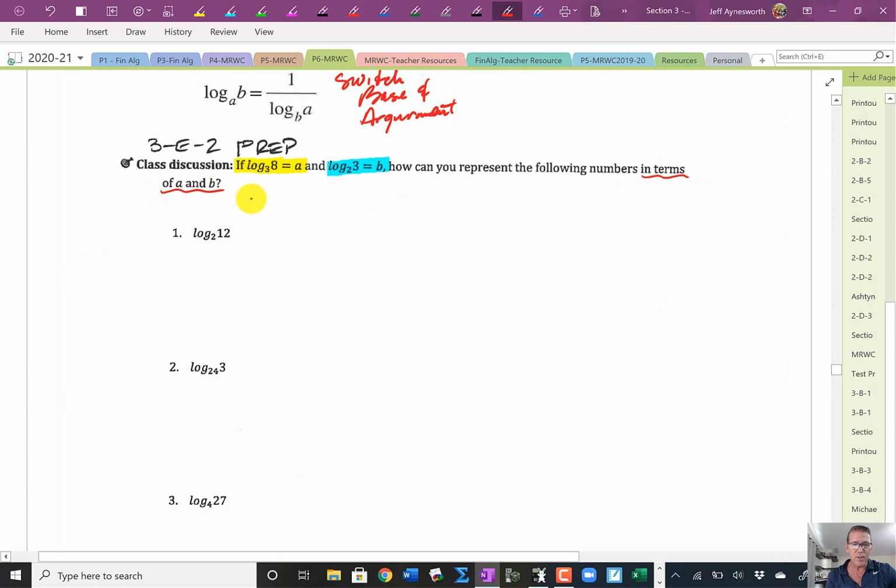So I'm not asking you to figure out a numerical value. I'm actually asking you to evaluate them or simplify them by using the properties, but simplify them in terms of A and B. So the question is, how do you do that?